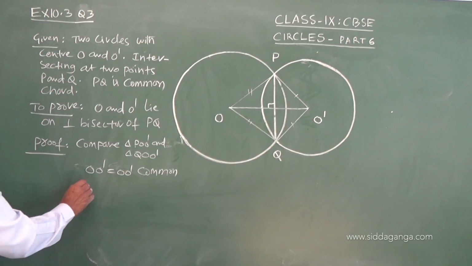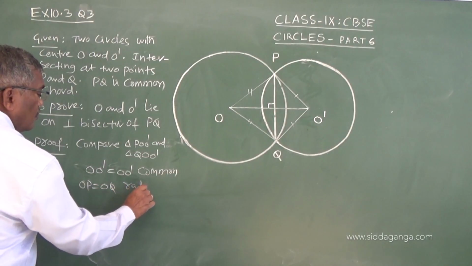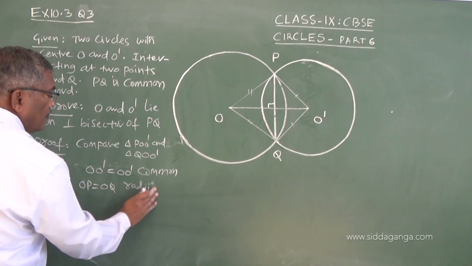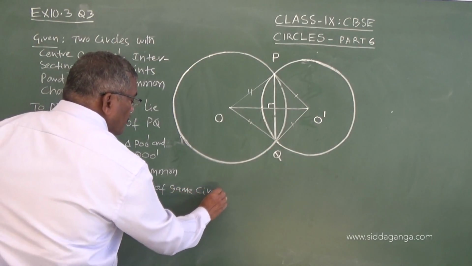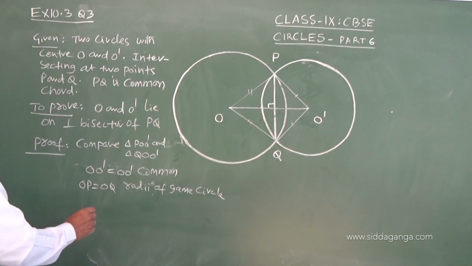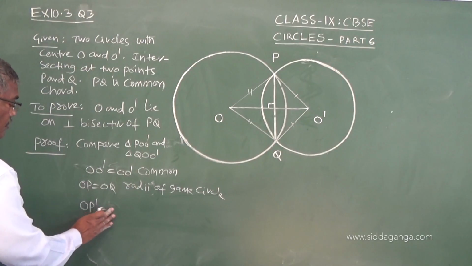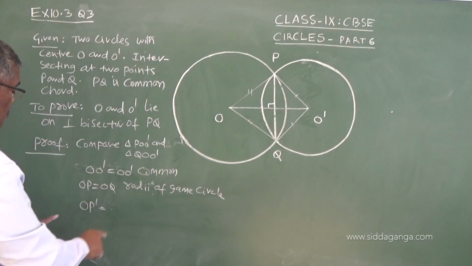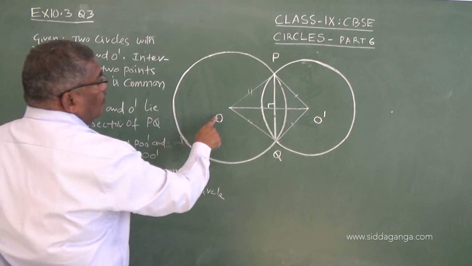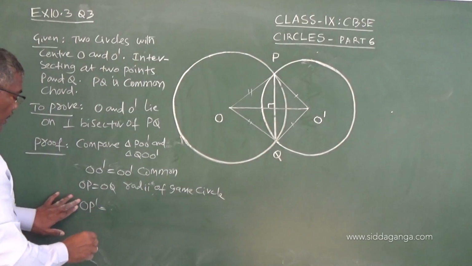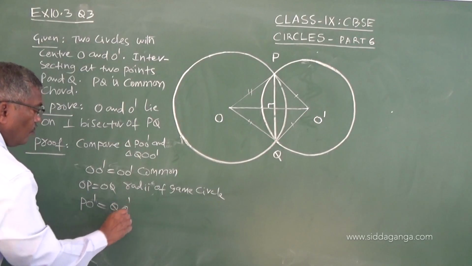Now OP equals OQ, because they are radii of the same circle, so therefore they are equal. Similarly, PO dash equals QO dash.